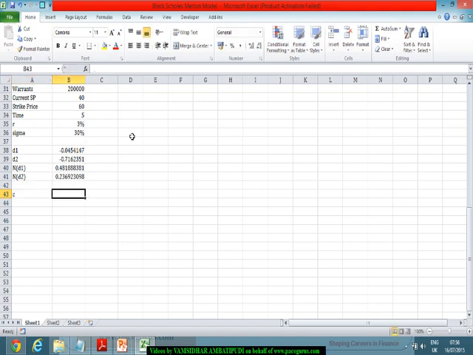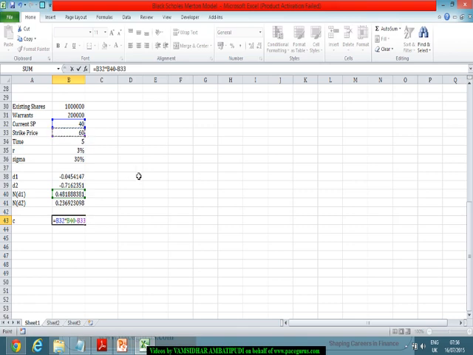From here we know the price of the call option is the stock price times N(D1) minus the present value of the strike price, so 60 by e power RT, times N(D2). So the price of the call option is around 7.04.